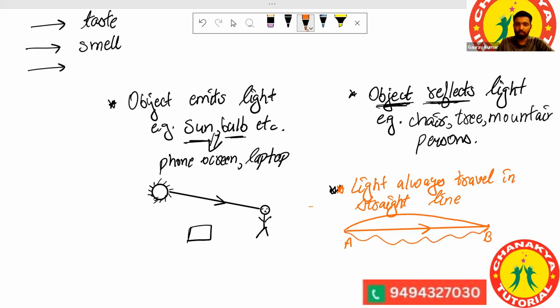So here in this situation, we have the sun, this is a box, and here is, let's say, some person named Gaurav. We can see the sun directly through this ray. And how can we see this box?